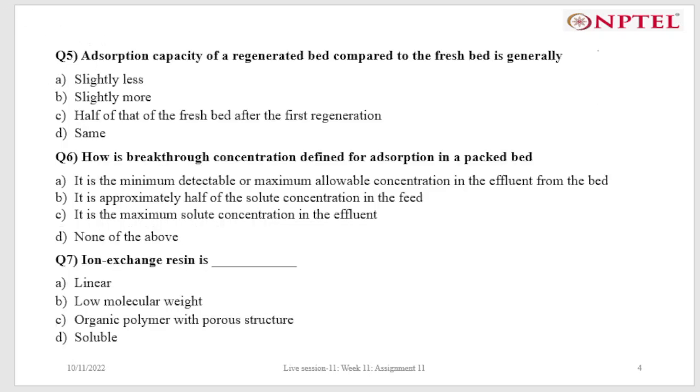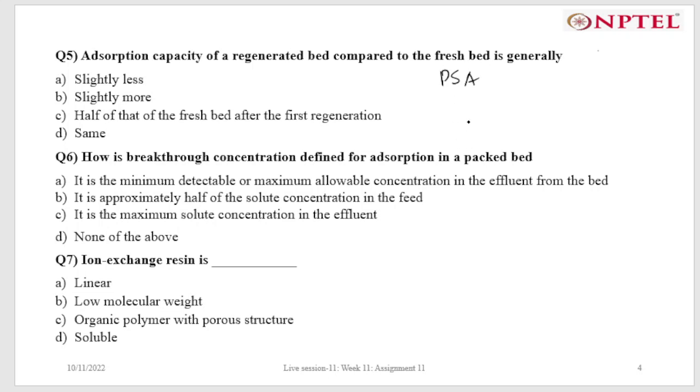Question 5. Adsorption capacity of regenerated bed compared to the fresh bed is generally. There are three methods for the regeneration of the adsorbent. One is pressure swing adsorption, PSA in short form.